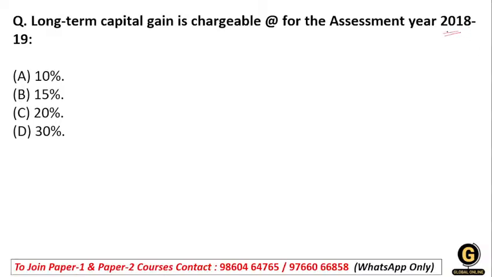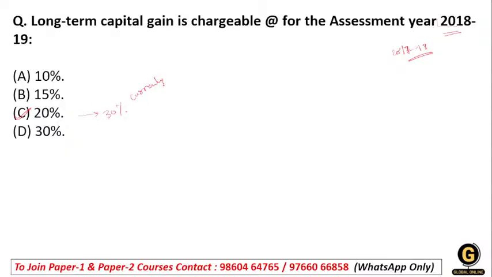They may ask from past years, the previous year. So in the assessment year 2018-19, the financial year will be 2017-18. So the long-term capital gain will be taxable at the rate of 10%, 15%, 20% or 30%. So the right answer will be 20%. Now it has increased to 30%.